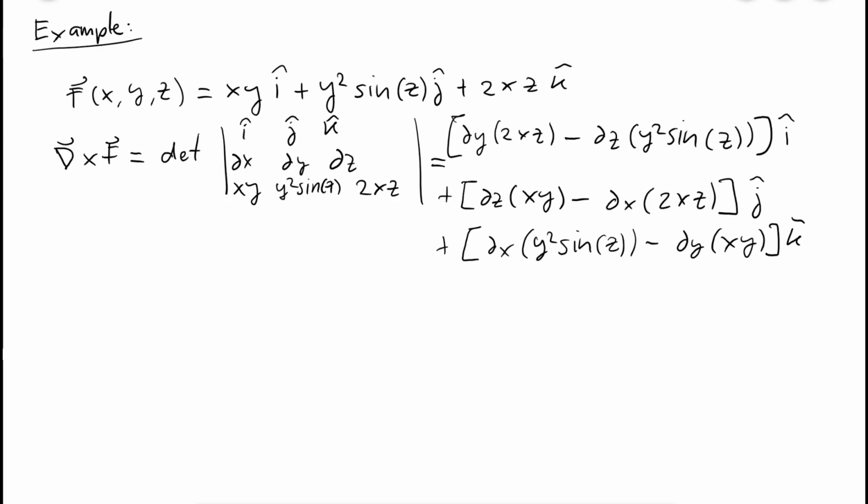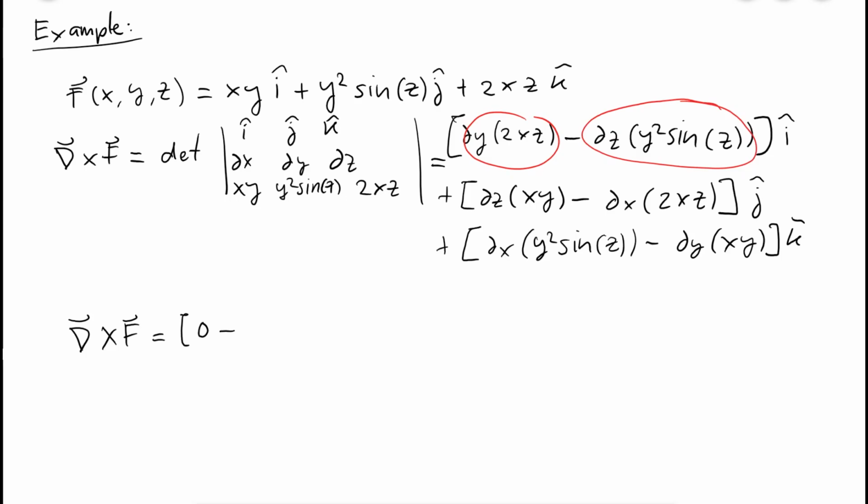Now it is a matter of taking partial derivatives, so let's write the final result of the cross product. First we take the derivative with respect to y of this term, and since there's really no y involved, the first term is going to be 0. Then you subtract the partial derivative with respect to z of this term.